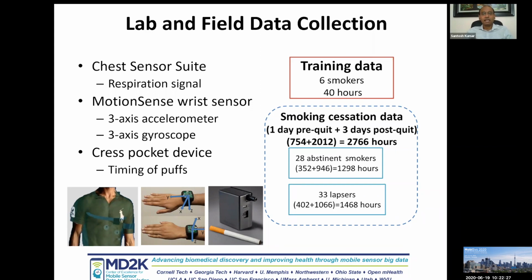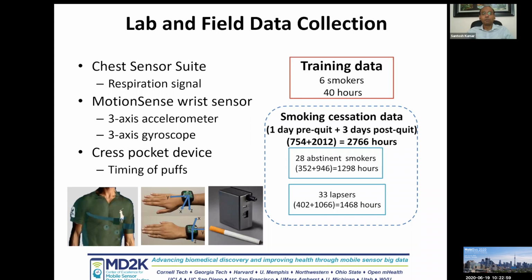So for the field setting, we had a smoking cessation study. Participants wore the sensors 1 day before quitting and 3 days after quitting. Each day they visited the lab, and of course we asked them to self-report any time that they smoked, but we also had biochemical verification.